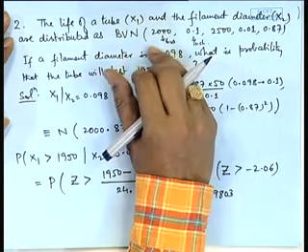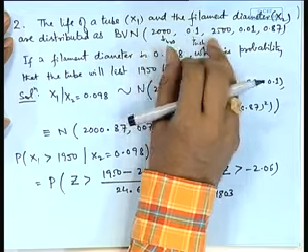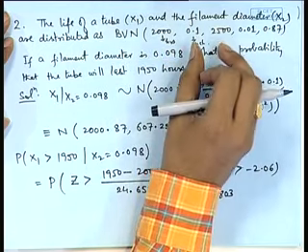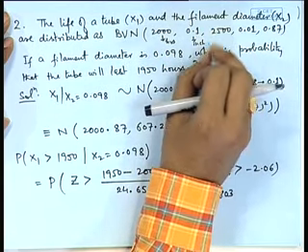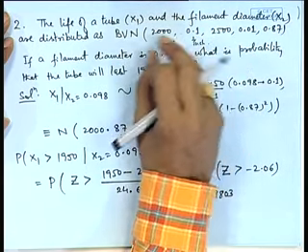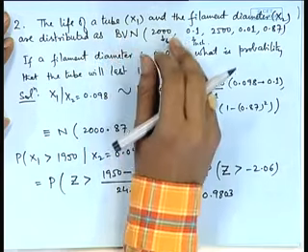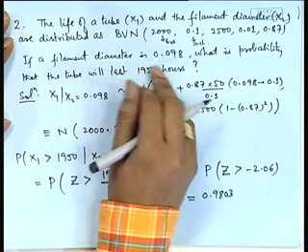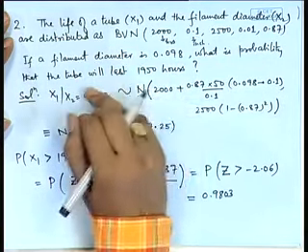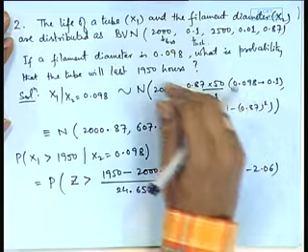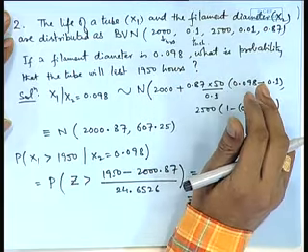So, the manufacturer may use the filament diameter, which can be measured, to estimate the life of the tube. So, if a filament diameter is 0.098, what is the probability that the tube will last 1950 hours?